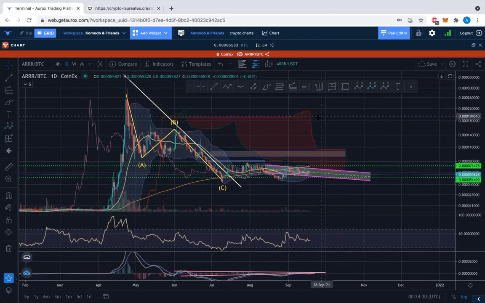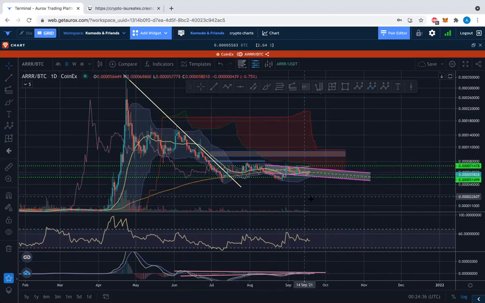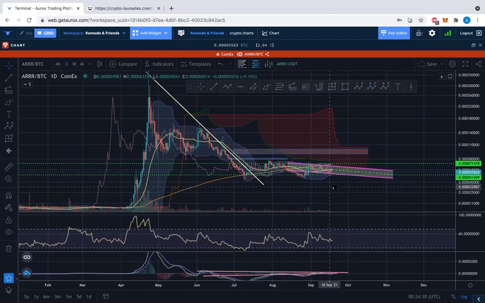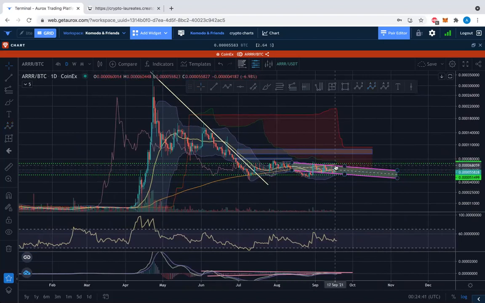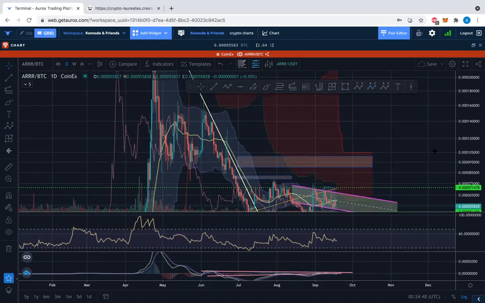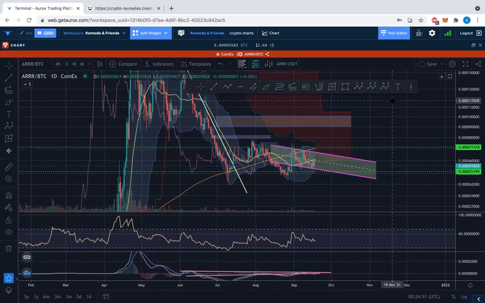It's sideways, and so it's probably making a bunch of ABCs, in the forms of zigzags and flat patterns, maybe some X waves or whatever is going to happen to combine to create this sideways movement, which is neither impulsive nor moving in one direction or the other. It's a sideways trend.